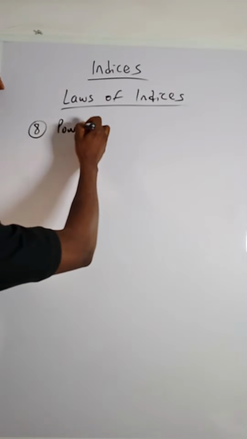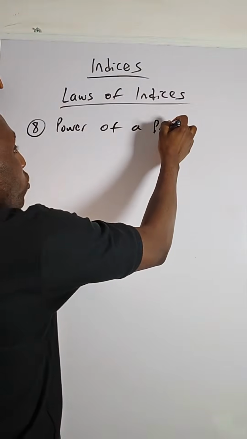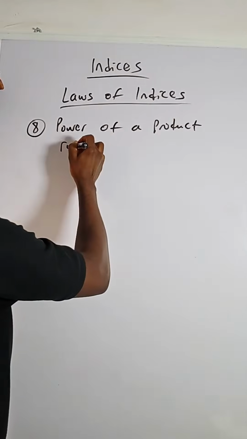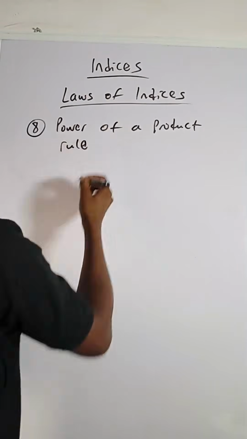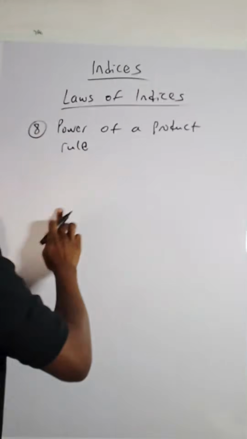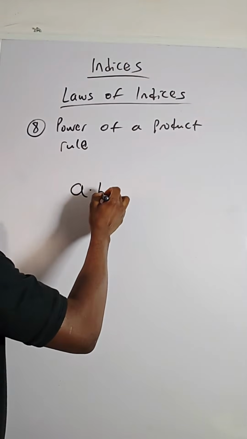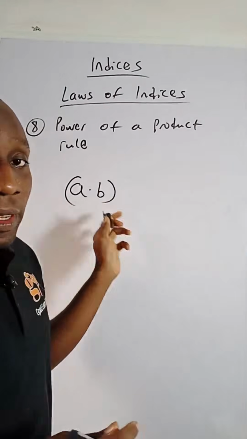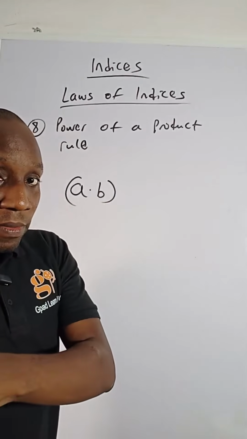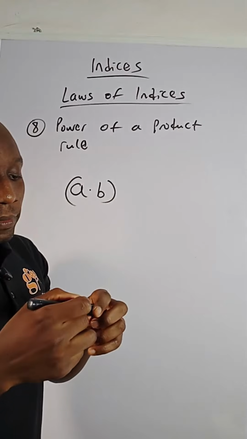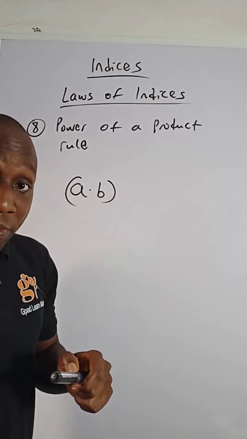The power of a product rule. So let me explain this. Let's say you have A times B. A and B are the product AB, right? If you multiply A and B, you get AB, yes?